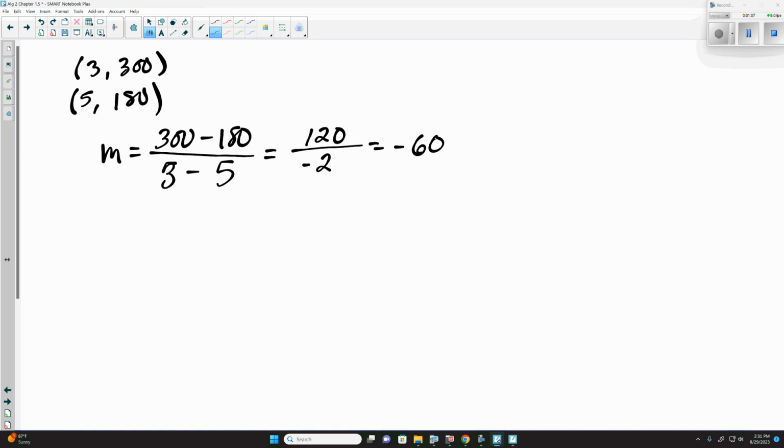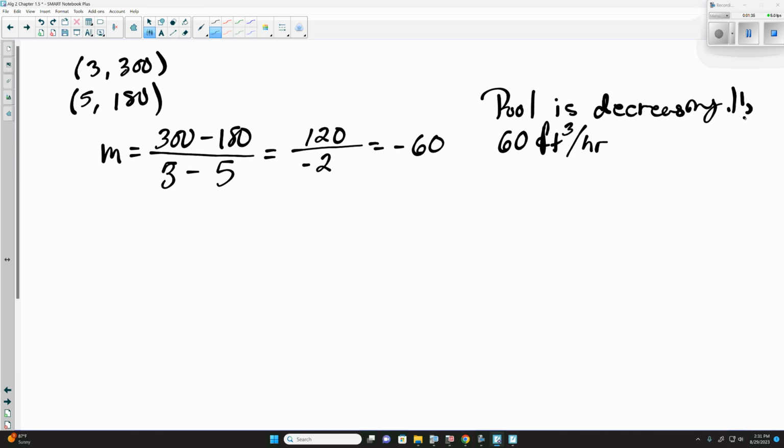Now if we interpret the slope, we would say that the pool is decreasing 60 cubic feet per hour, decreasing its volume.